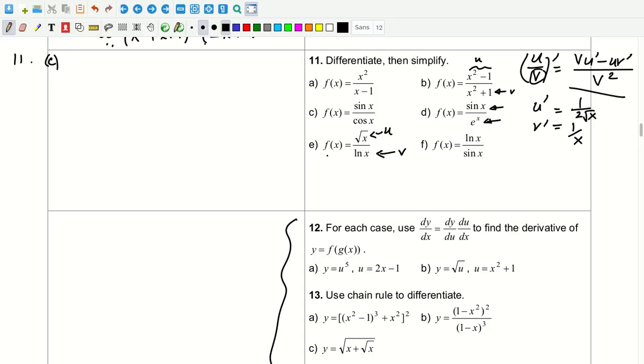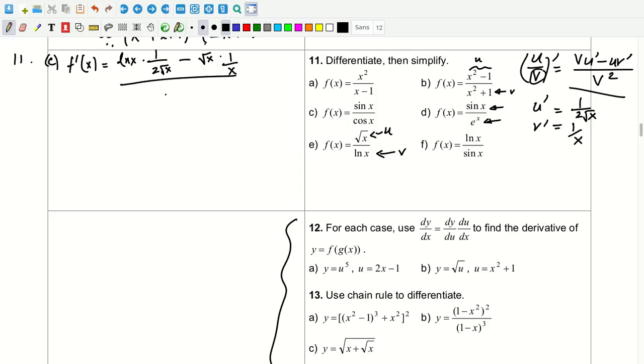Please do not forget that. And so let's run with it. So f prime of x is going to be ln x times 1 over 2 root x, minus root x times 1 over x.